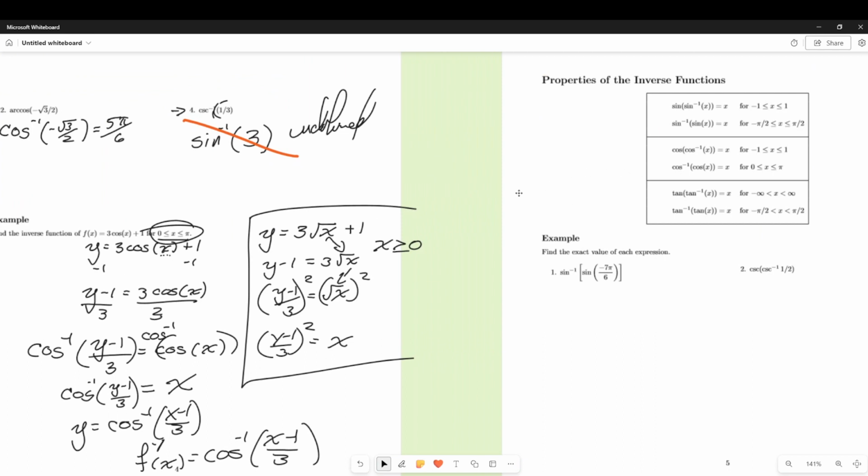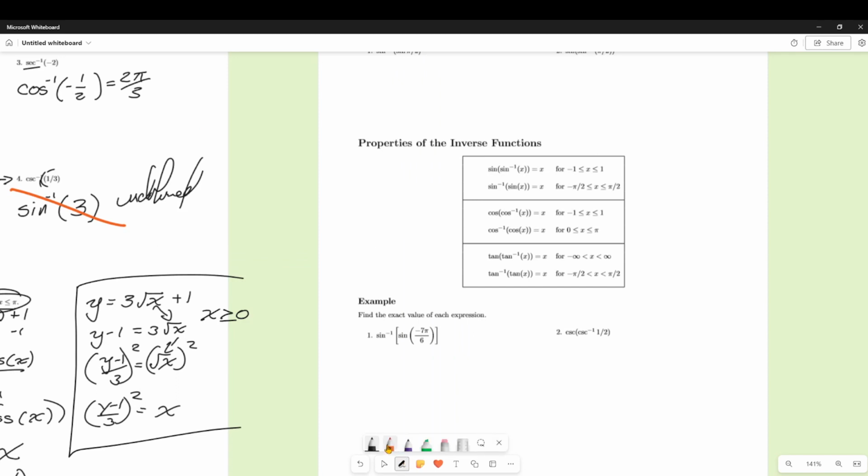And that does highlight some of our meaning here for our inverse functions. This idea that the cosine inverse of the cosine, that those undo each other giving x, is part of the definition of what it means to be an inverse function.